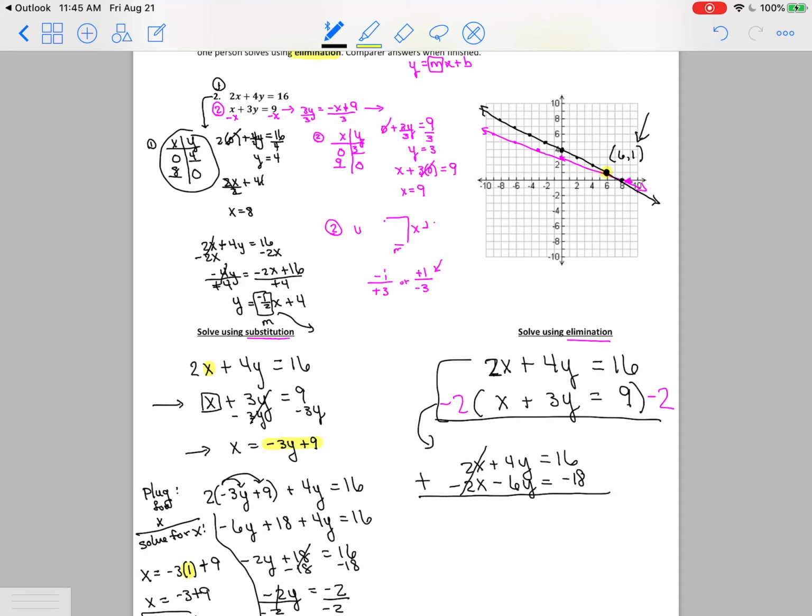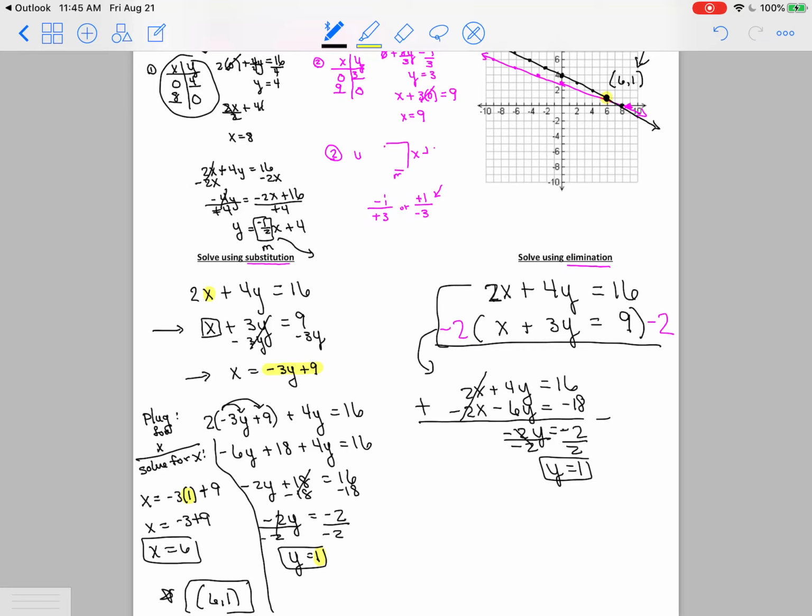And when I add these together, we can see that indeed our x's do go out, leaving negative 2y is equal to... nope, not negative 18. What am I doing? Need some coffee or something. Negative 2. So y is equal to 1. Woohoo!